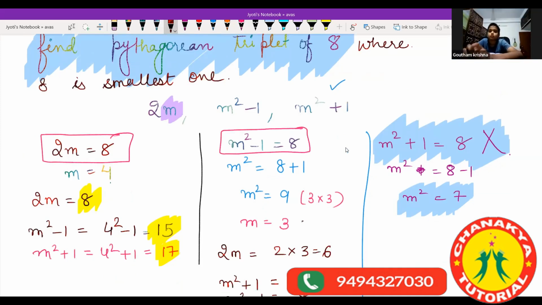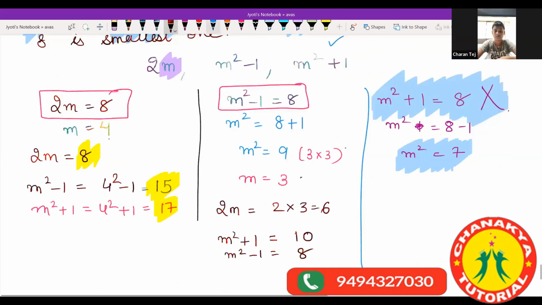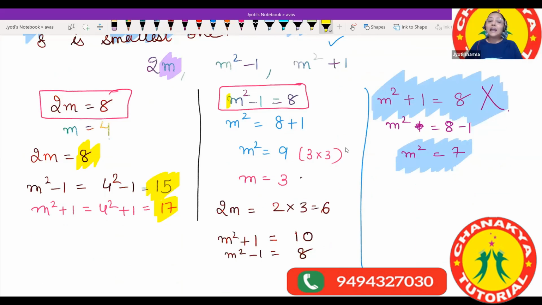See, if I find my answer with the help of m square minus 1 is equal to 8, then the smallest number you are getting is 6, which does not fulfill your need. In the case of the first, see, 8, 15, 17. 8 is the smallest number. In that case, this one is correct. I hope you understood that.